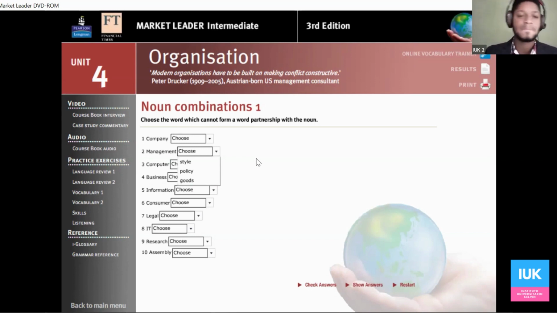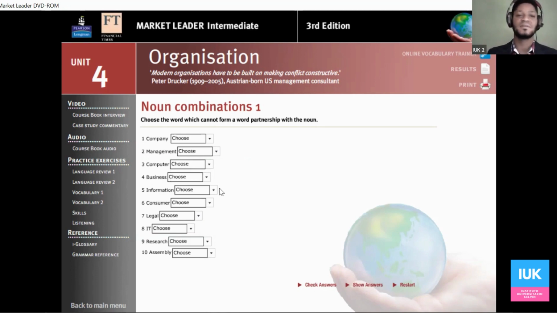What do you think? Number three, computer force, computer virus, computer program. Do you think it's computer virus or computer force? Which of these? Computer force or computer virus?